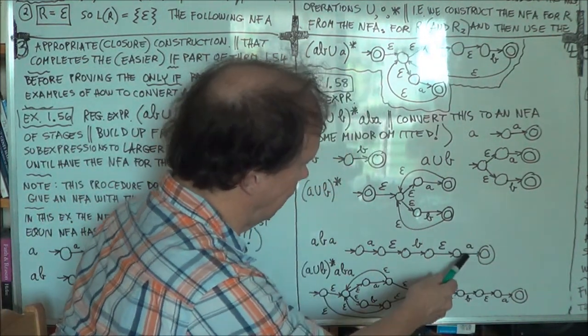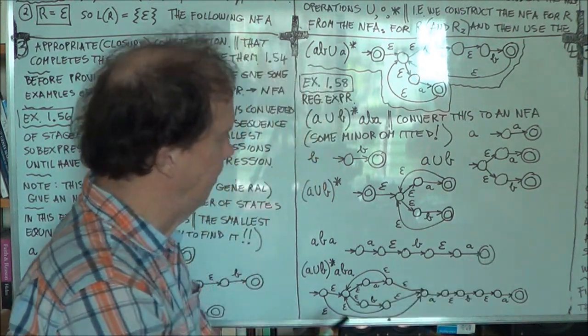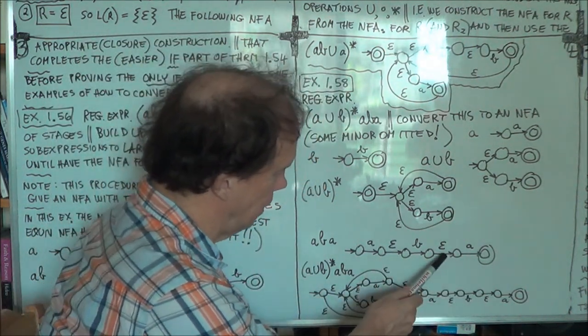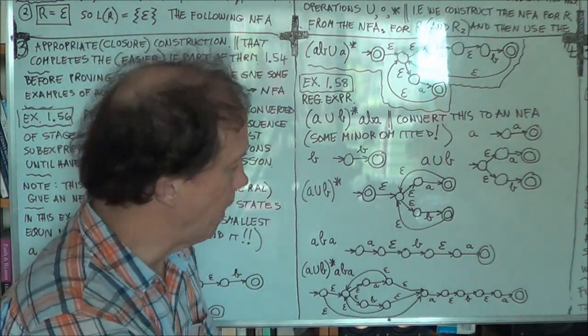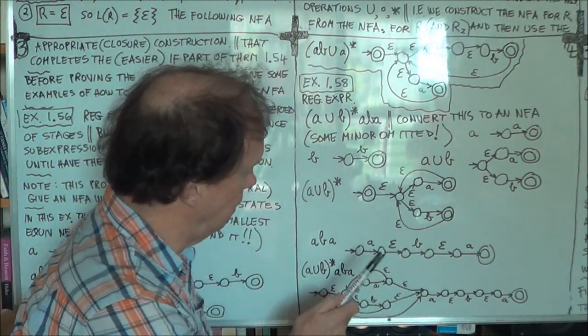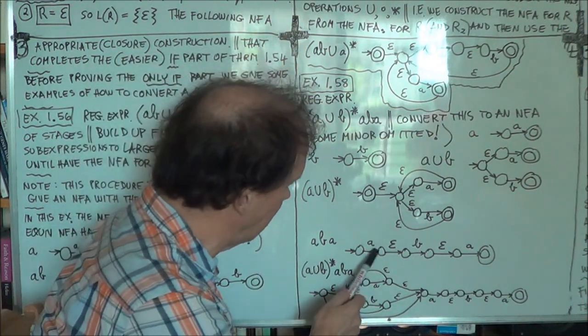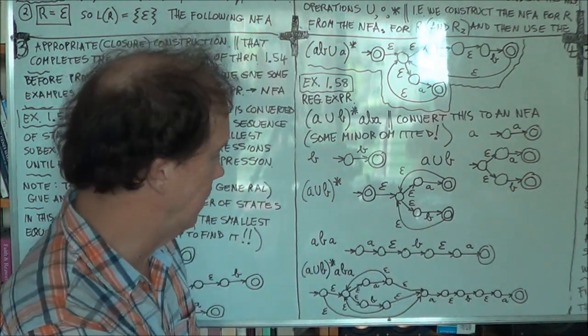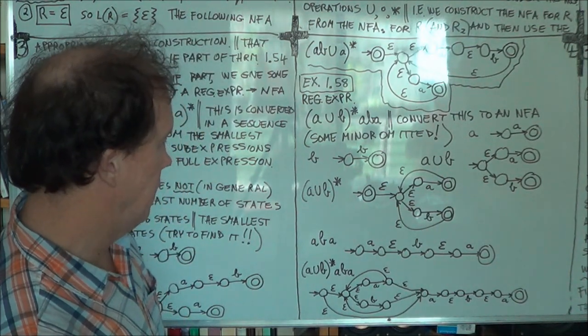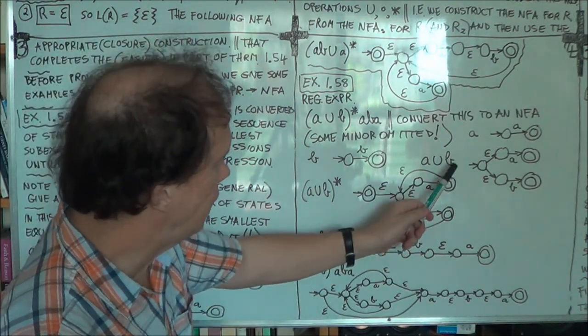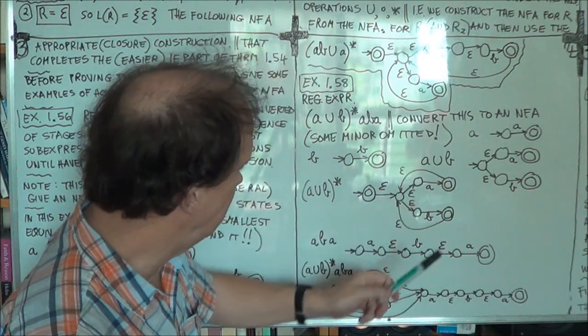Right? Well, you've got another A, so you do this again. Again, same question. Why are these epsilon transition arrows here? What are they for? Why not just go A, B, A directly? Why these? Okay. Now, so we've got the NFA corresponding to A union B.